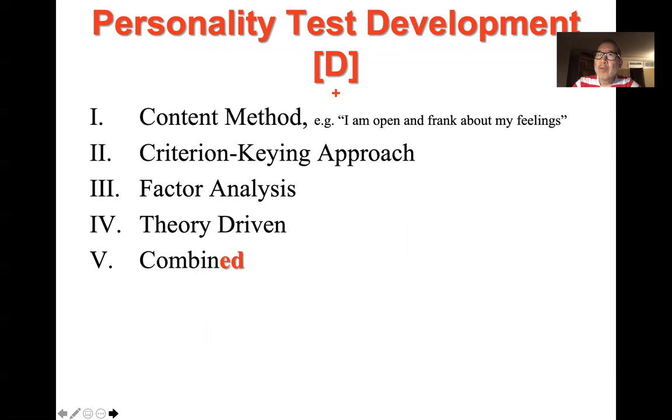Okay, how are personality tests developed? Objective personality tests: well, there are four general methods. One is the content method, finding items whose content matches the construct of interest.